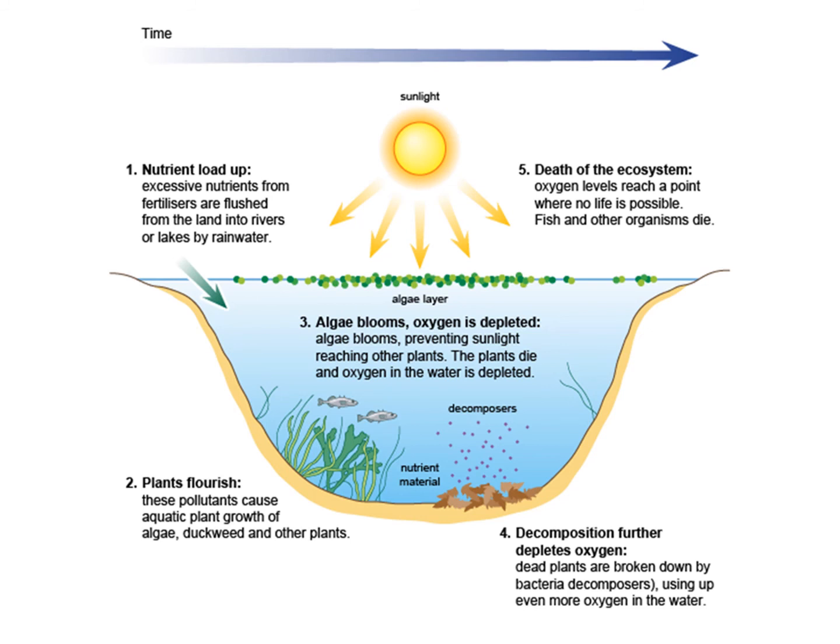So these plants at the bottom will die and the oxygen in the water will get used up. More plants dying means there's more litter on the bottom of the pond and there's more decomposition. Decomposition uses up even more oxygen. And so there's even less available for the animals that are living in the water. And eventually the oxygen levels reach a point where no life is possible and the fish and other organisms die.